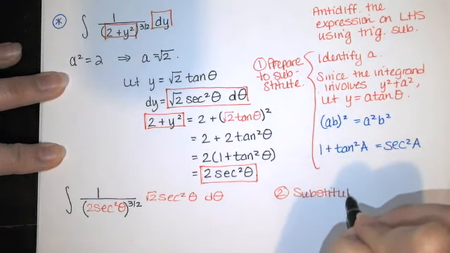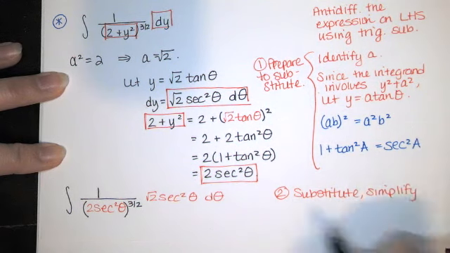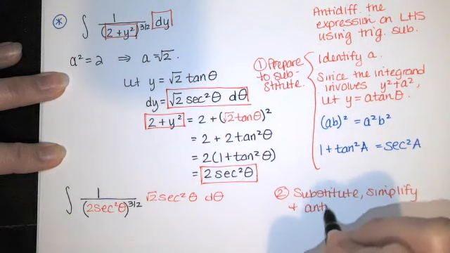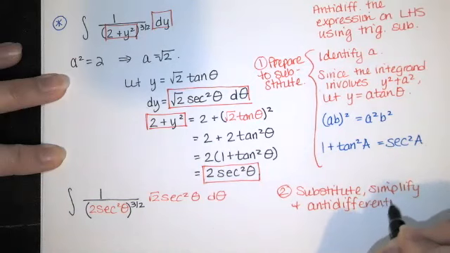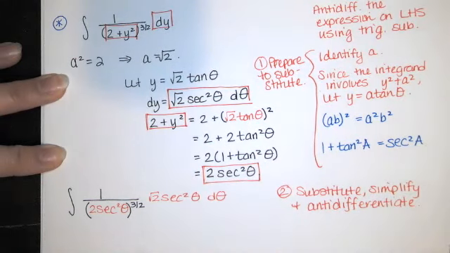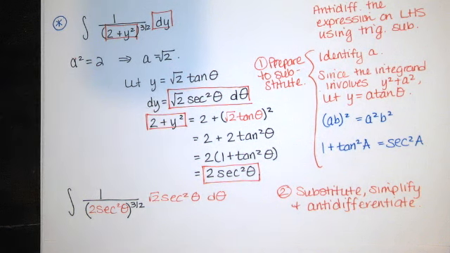We're going to substitute, simplify, and anti-differentiate. The whole point of the substitution is to write this integral in a form that we can anti-differentiate. And then once we've done that, we can back substitute. We can write our answer in terms of y.